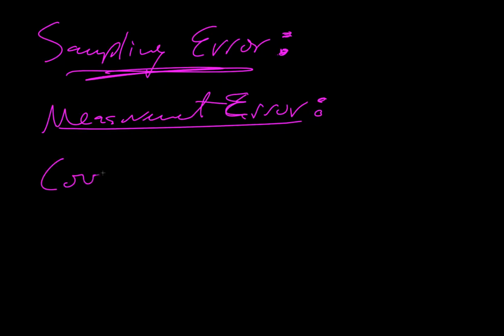Okay, coverage error. This occurs when a sample does not truly reflect the population we are trying to find information about. To avoid coverage error, the sample should be sufficiently large and unbiased. For example, if we're looking at the health of bees on a particular island, if we only collect data from 10 bees, it's not reliable because we didn't get a big enough sample.